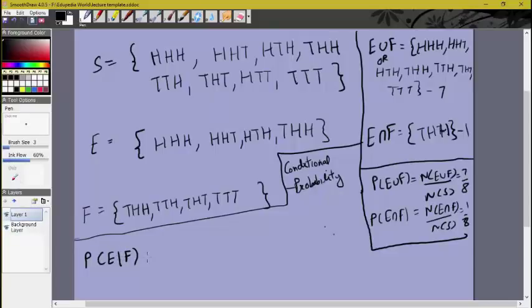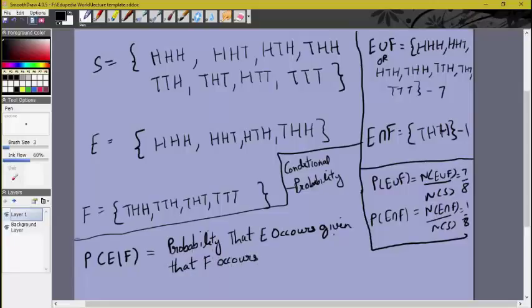P of E bar F. The definition of this is the probability that E occurs given that F occurs. So it's a conditional probability. F has to be true.